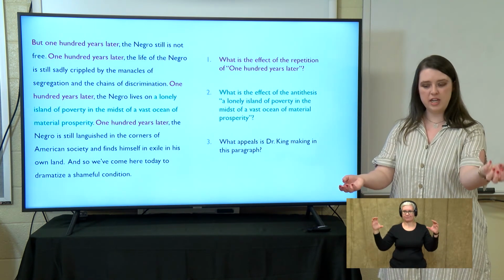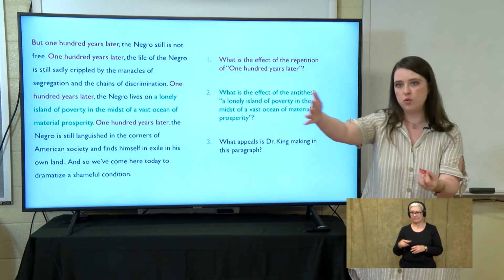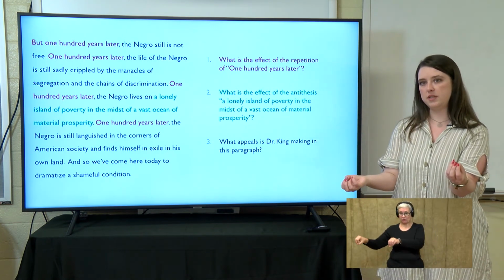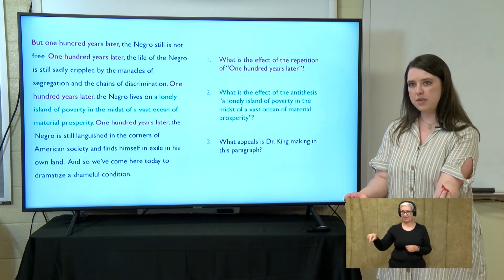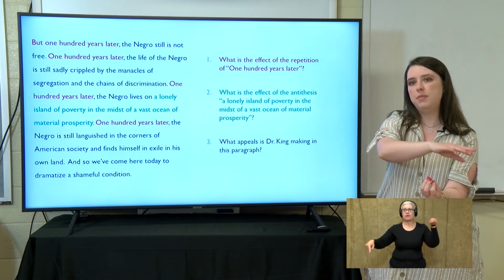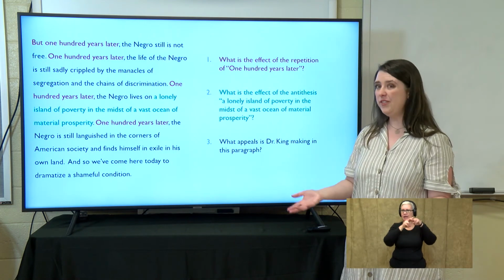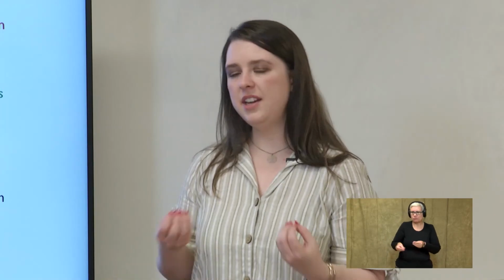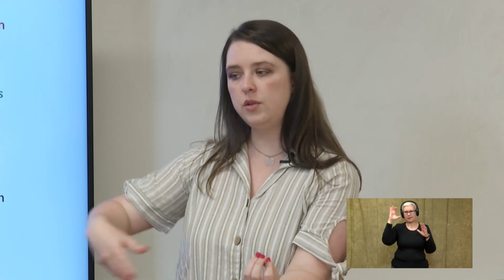He also uses the idea of the island in the midst of this huge ocean of prosperity, that his audience is stuck in the middle of this island of poverty while they're surrounded by this huge ocean of prosperity. Very effective, right? That comes alive in our minds, especially if we can picture that tiny little island secluded by all of that water.